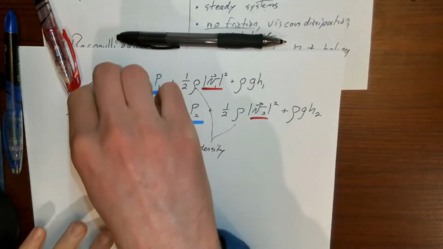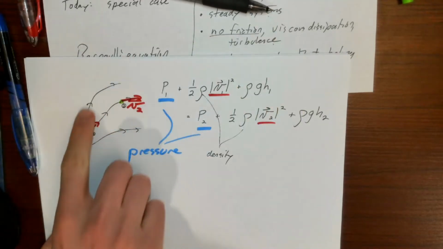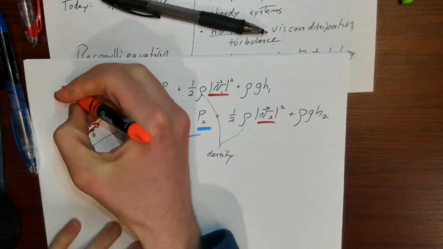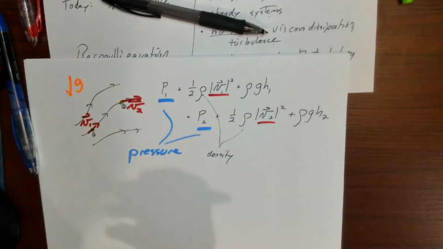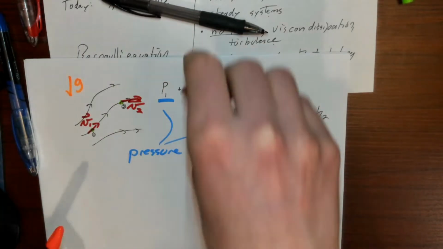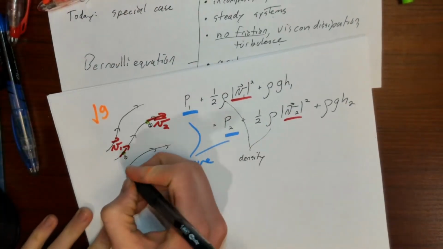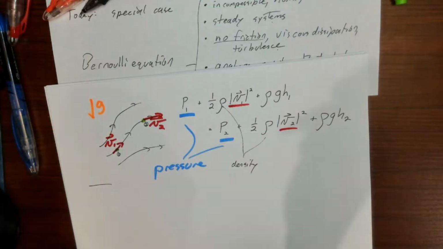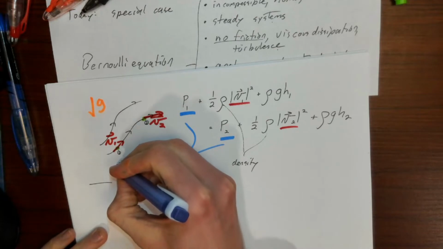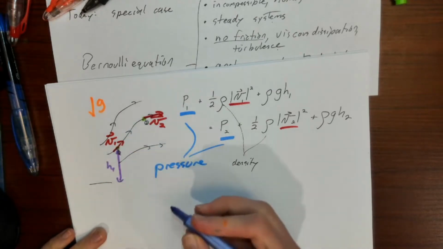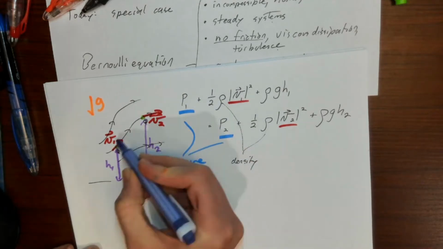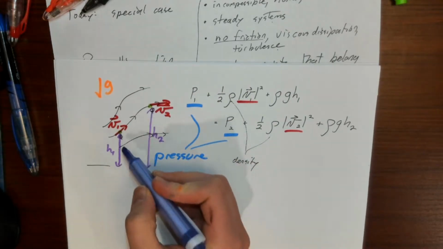And then let's say this flow exists in a gravitational field, right? We're on Earth. Gravity, let's say, is pointing down. And I might consider the z positions of fluids, right? So let's say above some base level, h1 is the height of the fluid here, and h2 is the height of some point in this flow here.